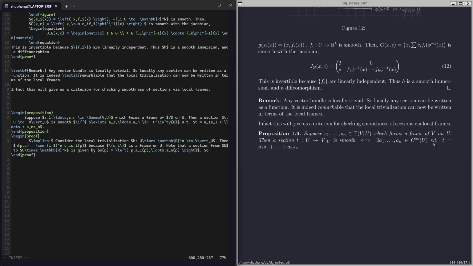So the section T from U to V is given by H composed with S of P equals T of P, which implies S is smooth.